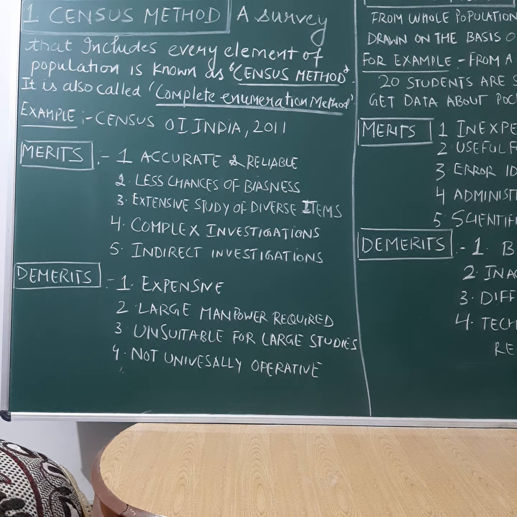We take the data from each and every person, and every person of their own will gives the information. So whatever information we get will be free from bias, or there will be fewer chances of bias. Then, extensive study of diverse items.